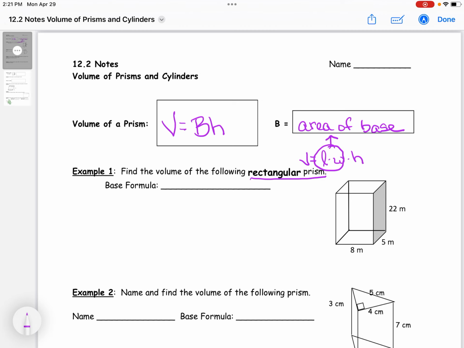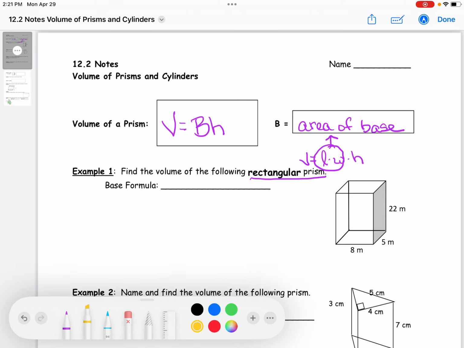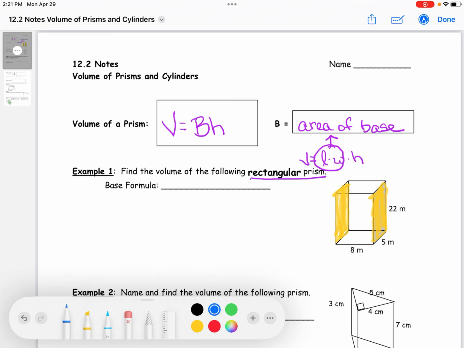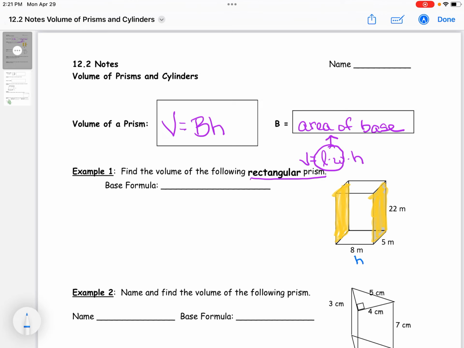So, if I'm looking at this one, they're calling this the base because it's shaded, which means we have two bases, right? Although it doesn't matter for this. That means this is the height, that's the length, and that's the width. So the base formula is length times width.